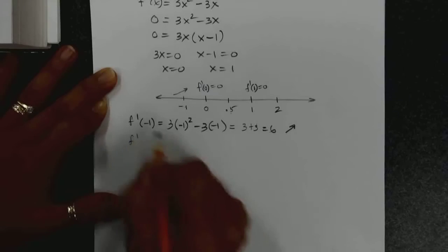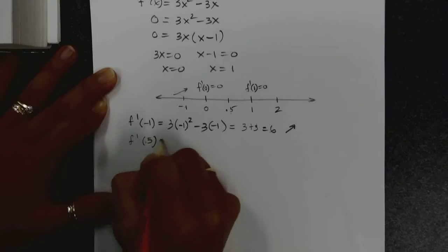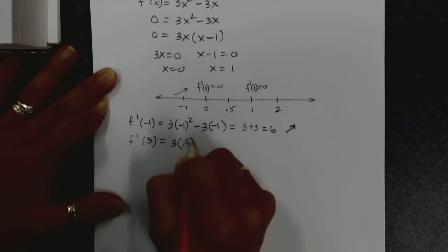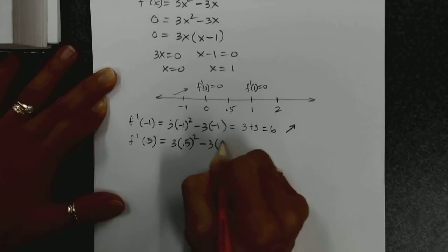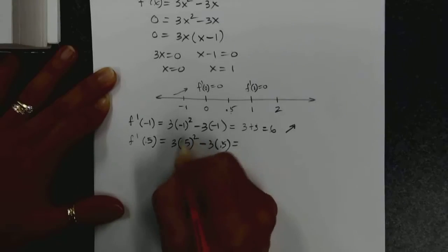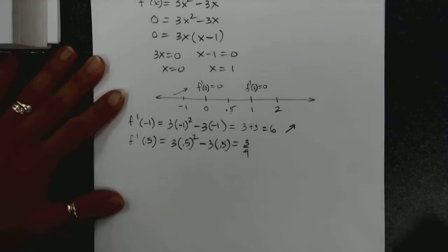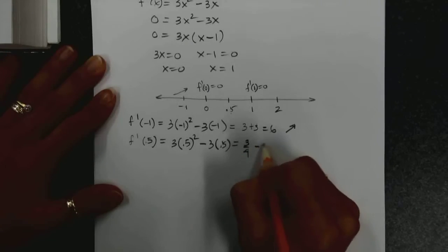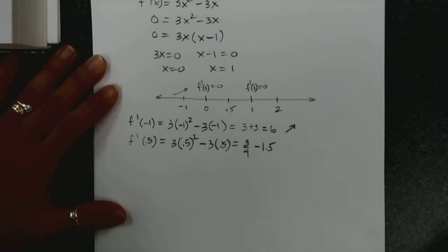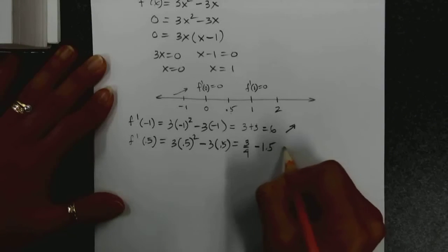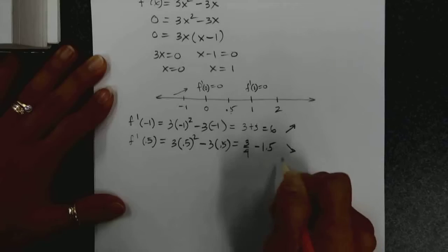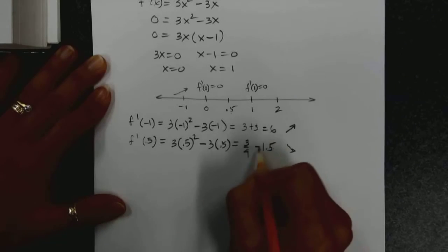Now, f prime of 0.5 is equal to 3 times 0.5 squared minus 3 times 0.5. This is 0.25, so this is 3/4 minus 1.5. And if you notice, this is bigger, so this is going to be a negative value, negative 0.75.